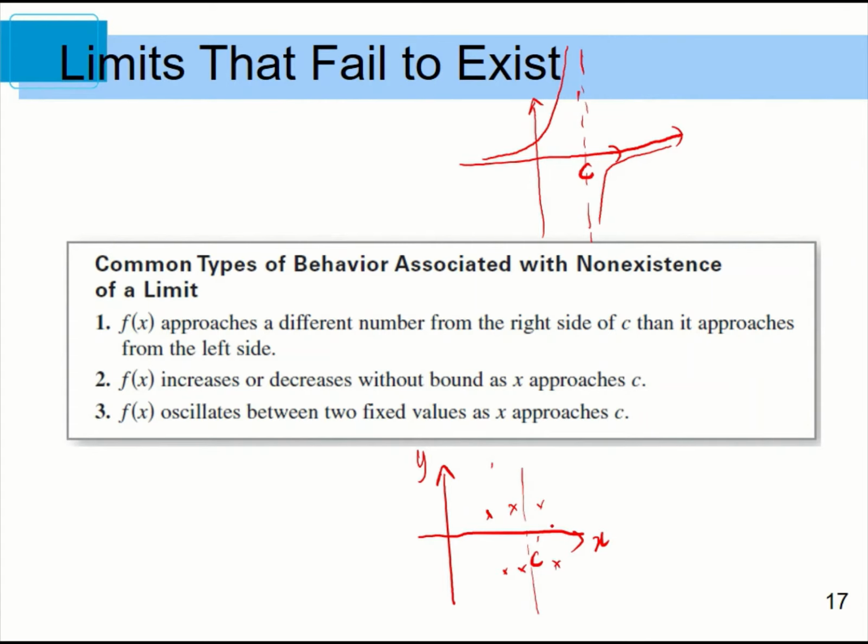If this is the situation, the limit does not exist as well. So these are the three situations when the limit of the function does not exist.